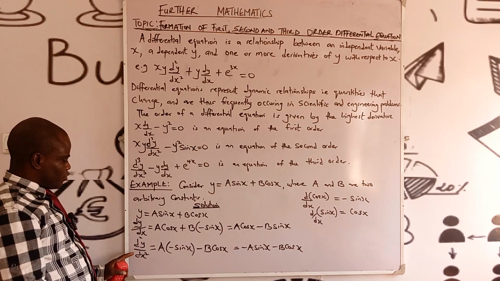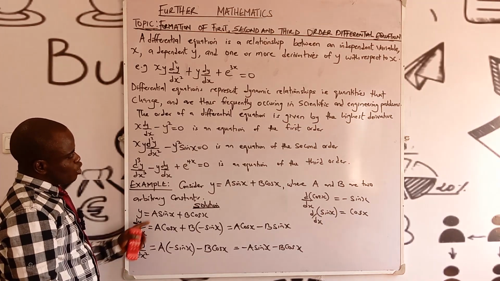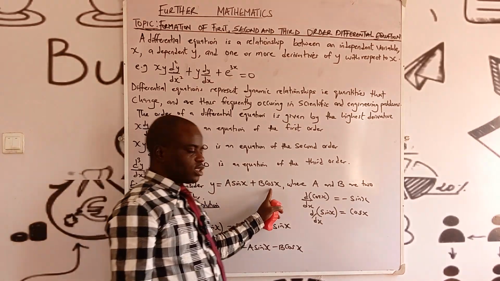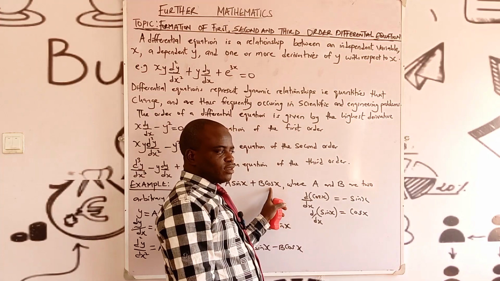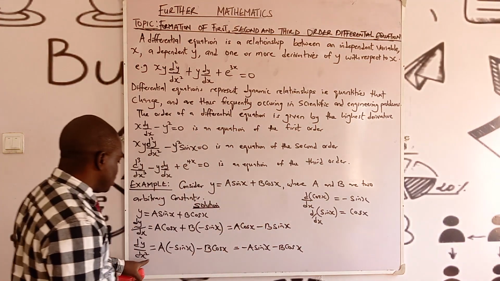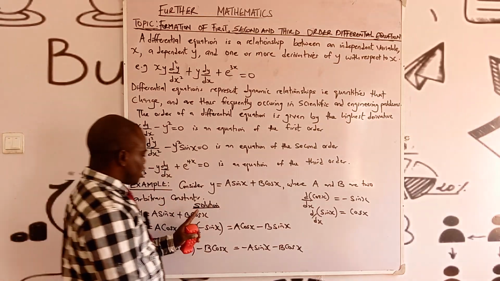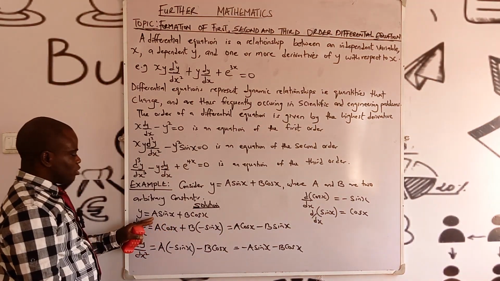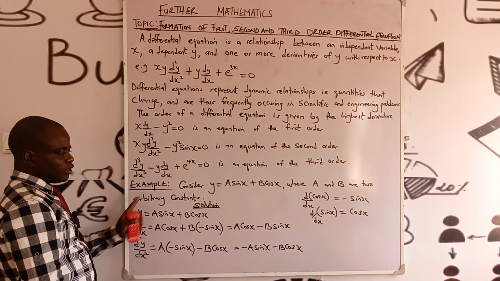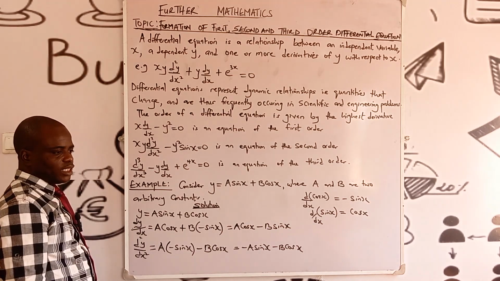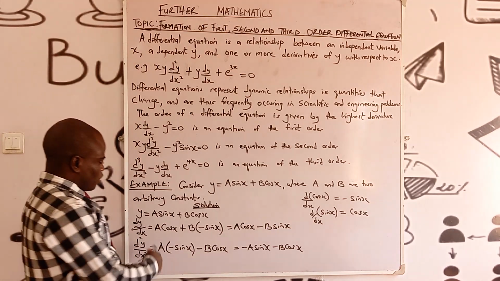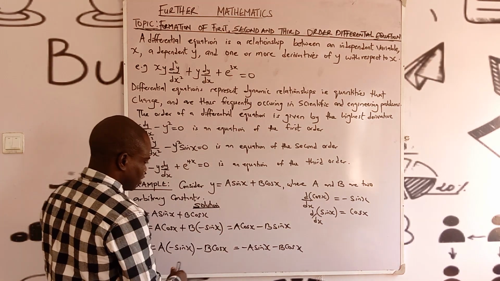How do you know that you need to differentiate twice? When you have two arbitrary constants, you are going to get to the second derivative. When you have one arbitrary constant, you stop at the first derivative. We're going to see what I'm saying.